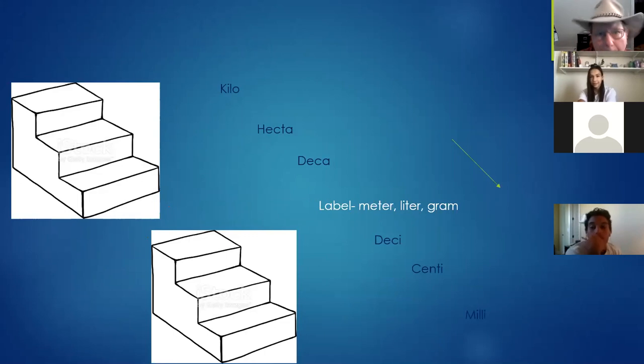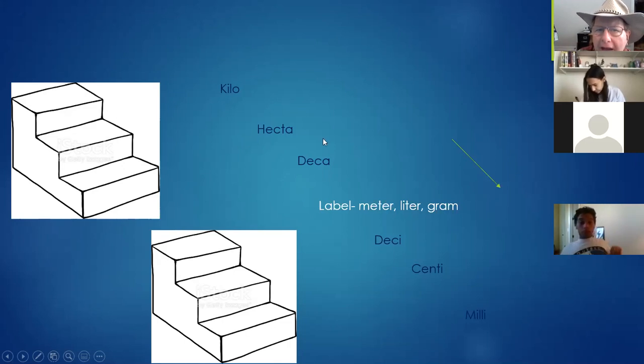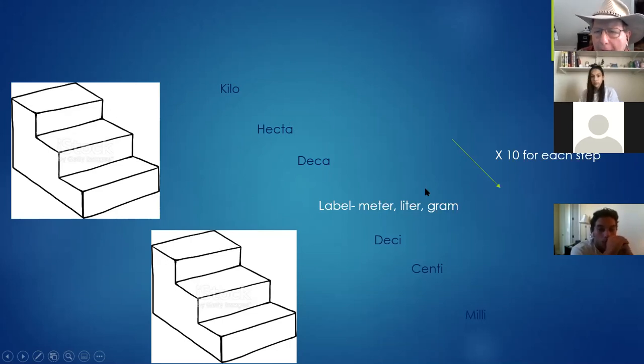Yes. Perfectly fine. So as we go down each step, we are going to multiply by 10. If I have kilos and I want hectos, I have to multiply the number of kilos I have by 10 to get the hectos. So every time you go down a step, that means I am multiplying by 10.